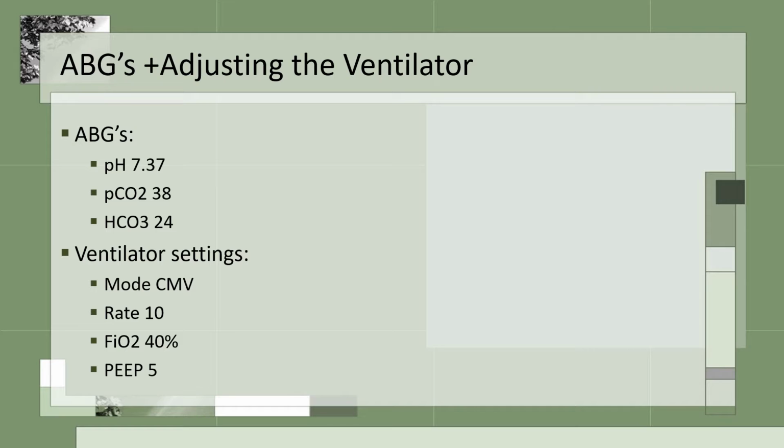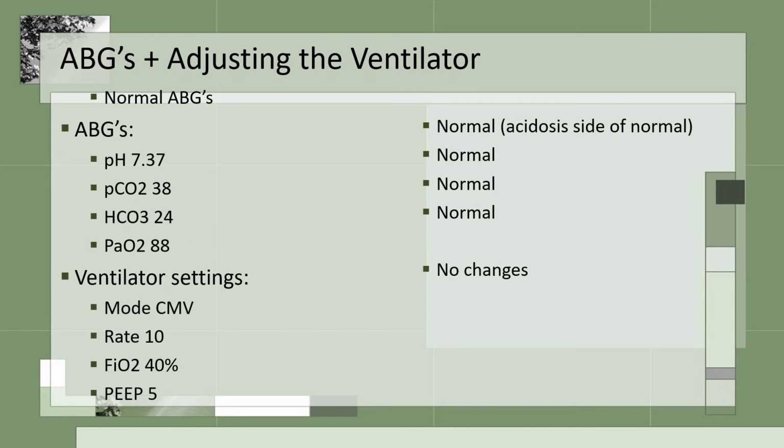We're now going to learn how to interpret ABGs and then adjust ventilator settings. In this one, just figure out what your ABGs are doing first. This patient actually has normal ABGs, but those are still something you need to learn to recognize. So there is no fix to the ventilator settings. They are doing well. This patient has the CMV mode, which is total control, so they can have rest.